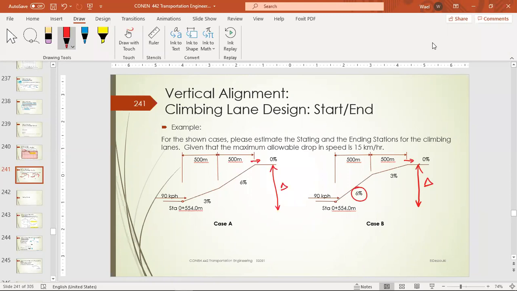In order to do that, we are going to use Exhibit A23-2 in Highway Capacity Manual 2000, which has a similar one in Highway Capacity Manual 2010.